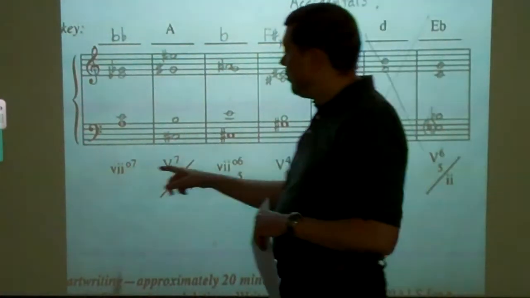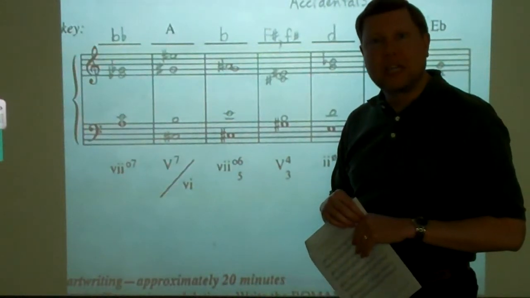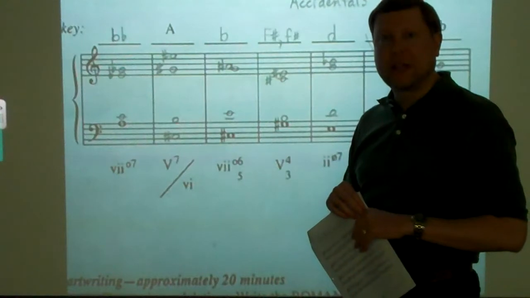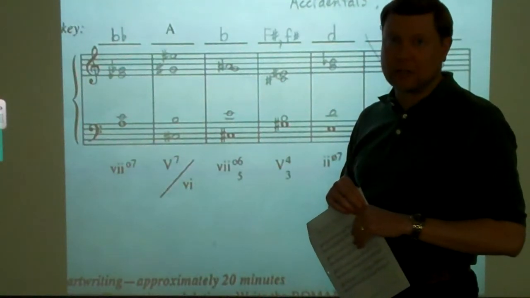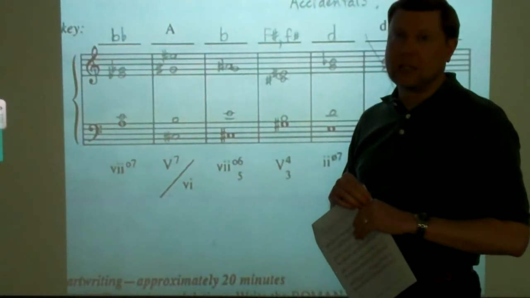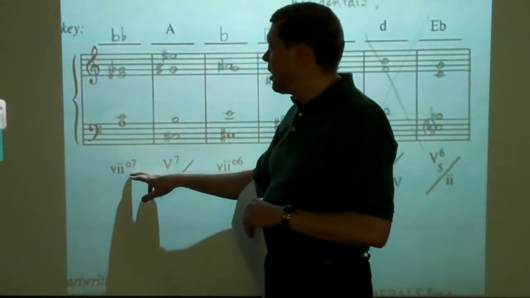So, number one, because it's a vii fully diminished 7, we know we're in a minor key. vii fully diminished 7s only occur in minor keys. vii half diminished sevenths occur only in major keys. So we know we're in a minor key.